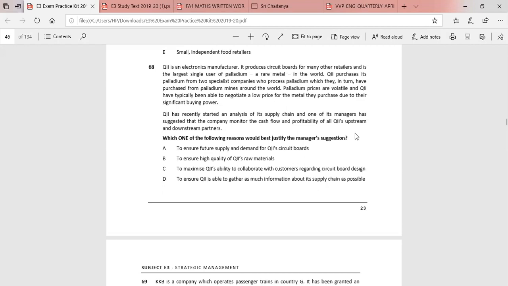Palladium prices are volatile, and QII have typically been able to negotiate a low price for the metal they purchase due to their significant buying power. QII has recently started an analysis of its supply chain, and one of its managers has suggested that the company monitor the cash flow and profitability of all QII's upstream and downstream partners. Which one of the following reasons would best justify the manager's suggestion?